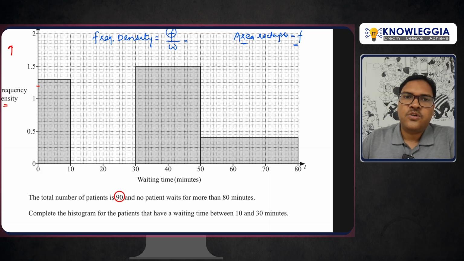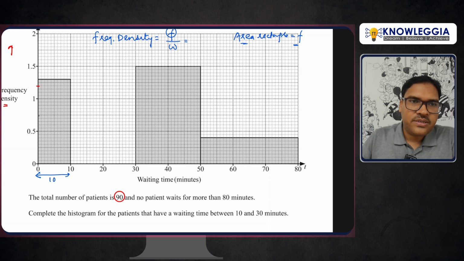This is the width into frequency density. So this width is 10. And what is the frequency density? You can see this is 1.1, 1.2, this is 1.3. So what is the area of this? This is 1.3 into 10, which is equal to 13.